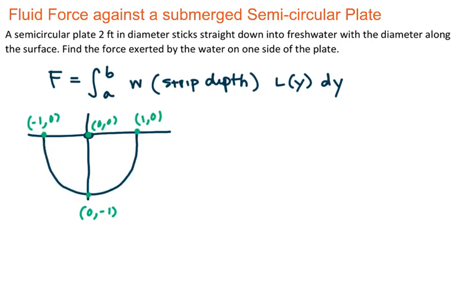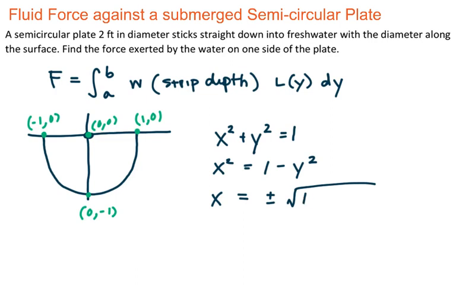So the equation of a circle, radius 1, would be x squared plus y squared equals 1. And since we want that equation to be x in terms of y, we want a function in terms of y, we're going to isolate x, so my y is all on one side of the equation. So we would have x squared equals 1 minus y squared, or x equals plus or minus the square root of 1 minus y squared.